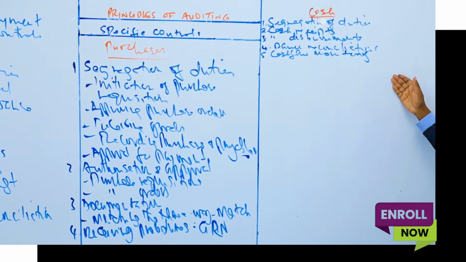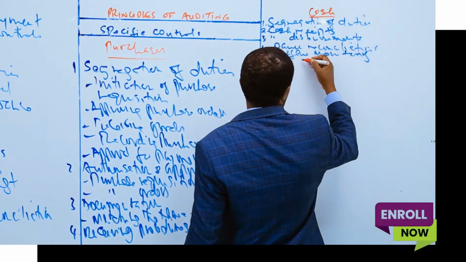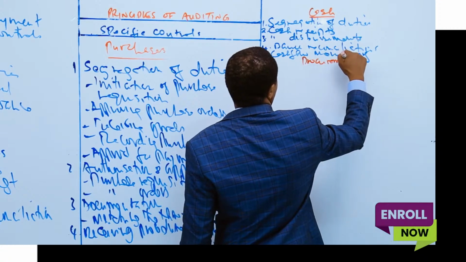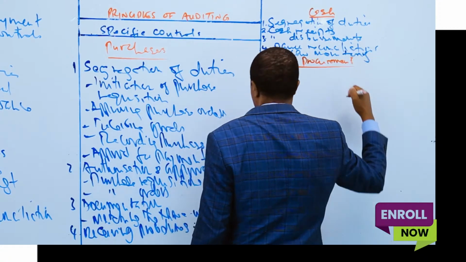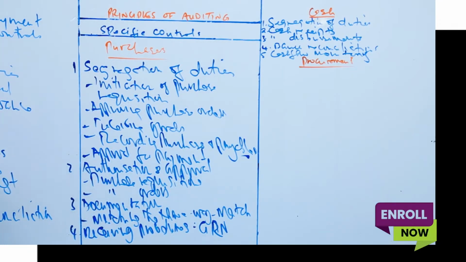Then we have specific controls on procurement. What are the specific controls on procurement?